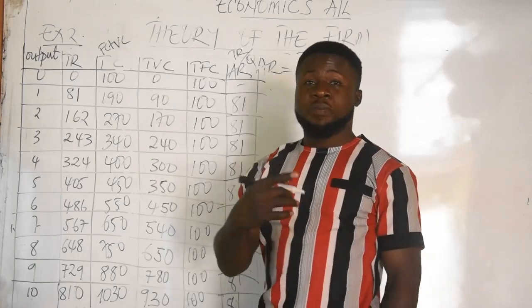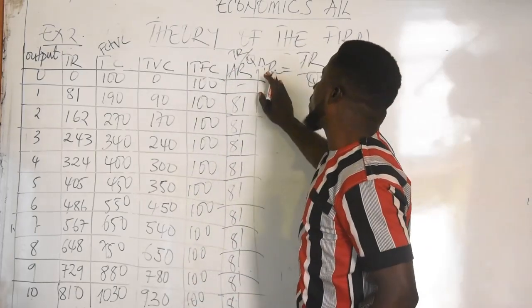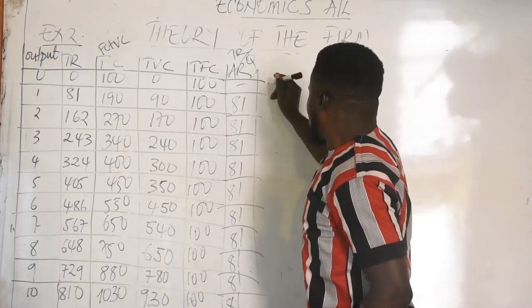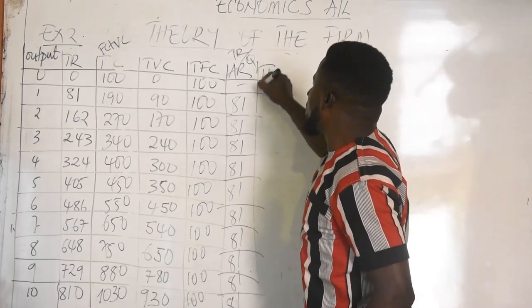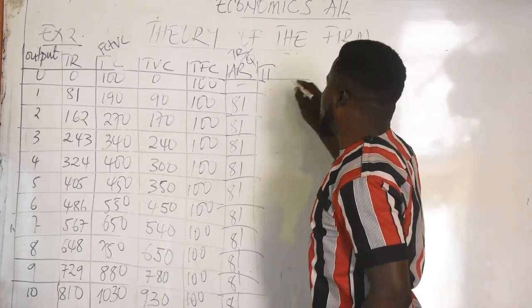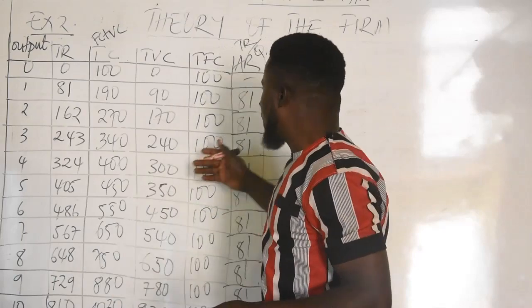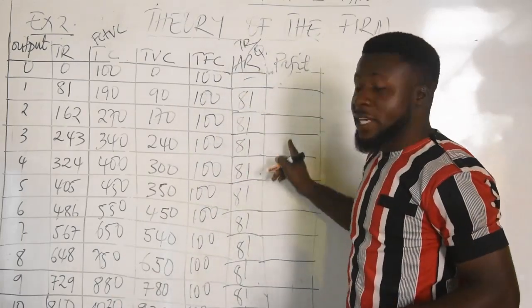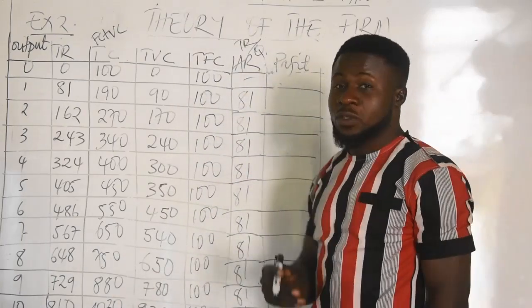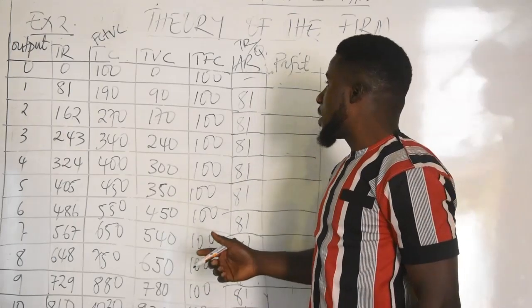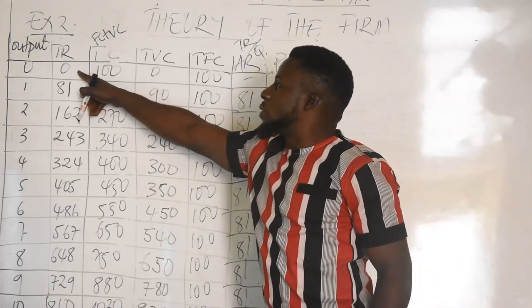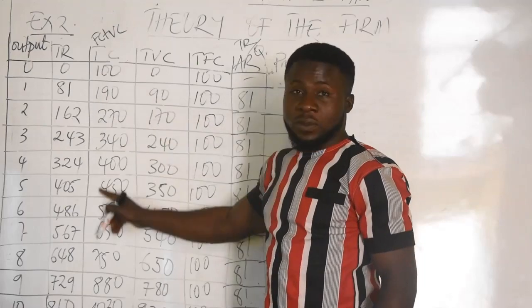Okay, so the profit maximizing output level now will be gotten from where profit is positively highest. I'll be abbreviating profit with this. Here is the profits, the margin for profits. And remember, profit is total revenue minus total cost. Here we have total revenue, and we have total cost here.